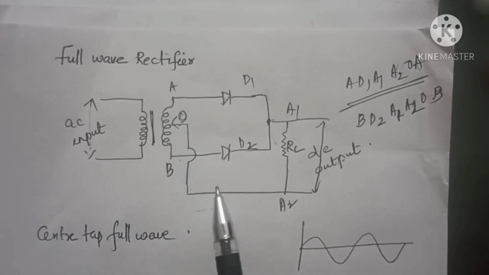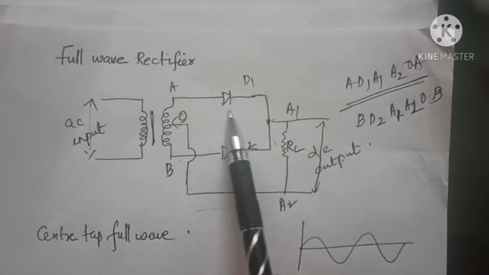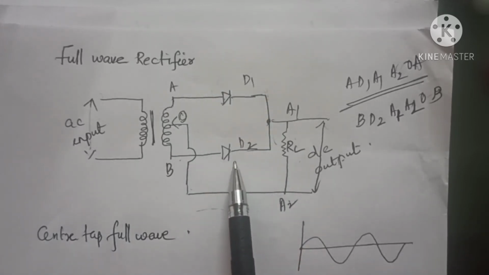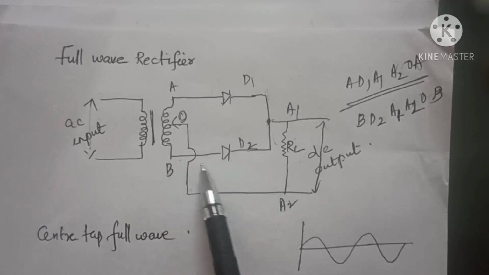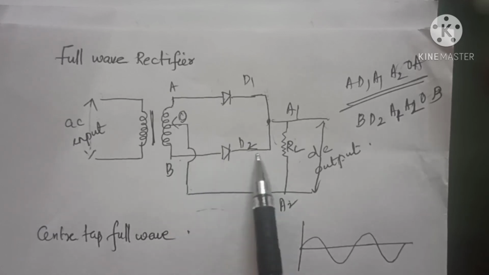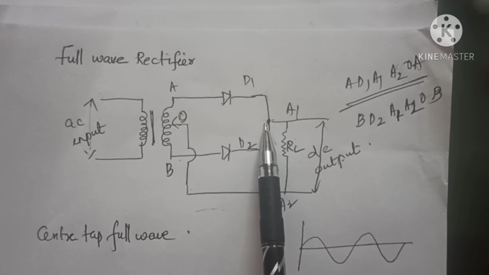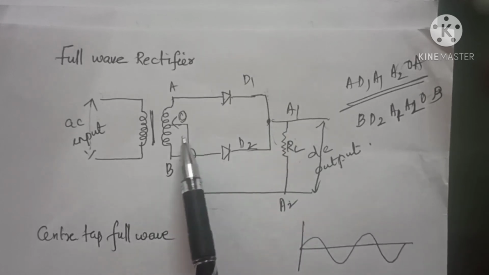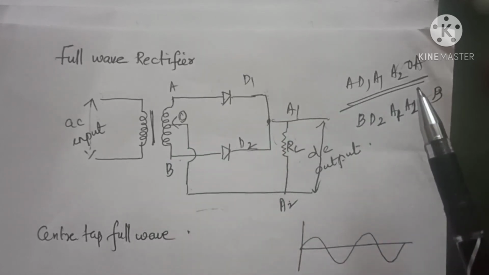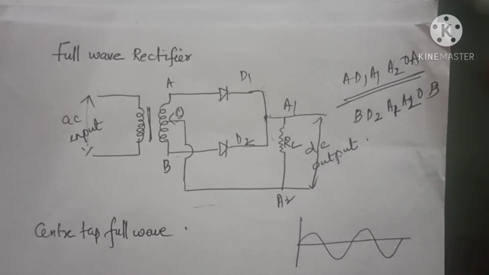Understood? Now in the second case, this one is reverse biased and this is forward biased. So the direction will be B, D2, then A1, A2, O and B. Clear? So that's all about the full wave rectifier.